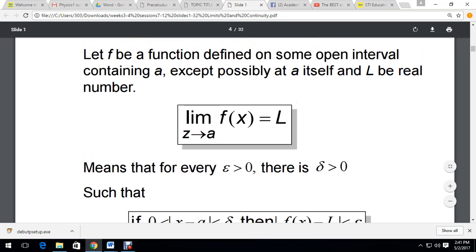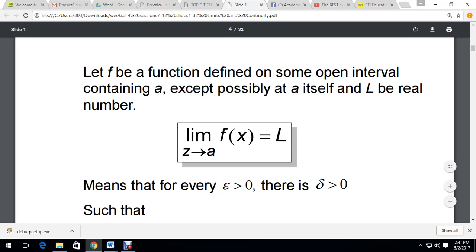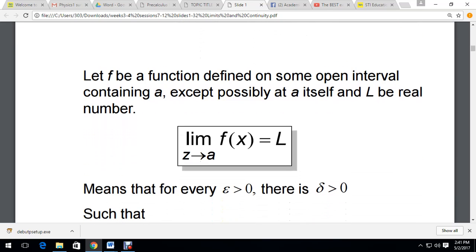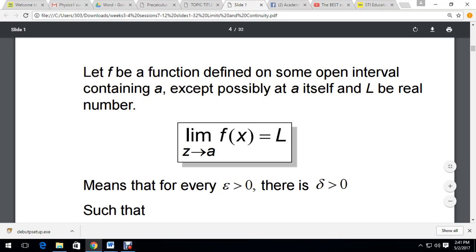Again, I'll be stating this slowly. The formal definition of the limit of a function: let f be a function defined on some open interval containing a, except possibly at a itself, and L be a real number.